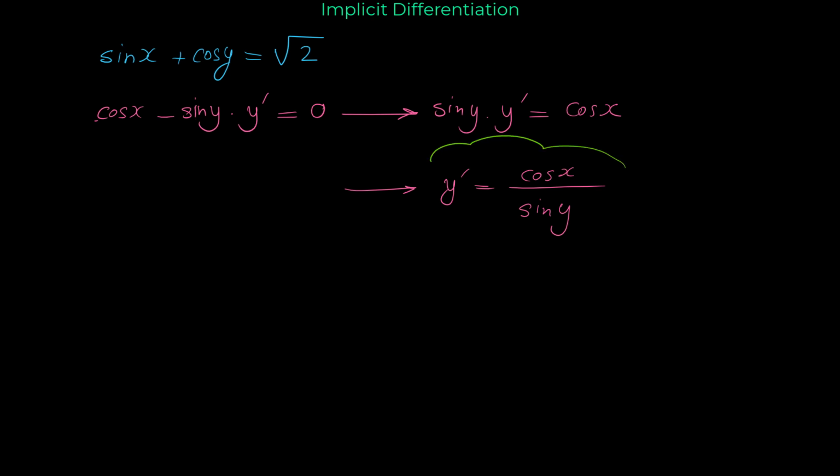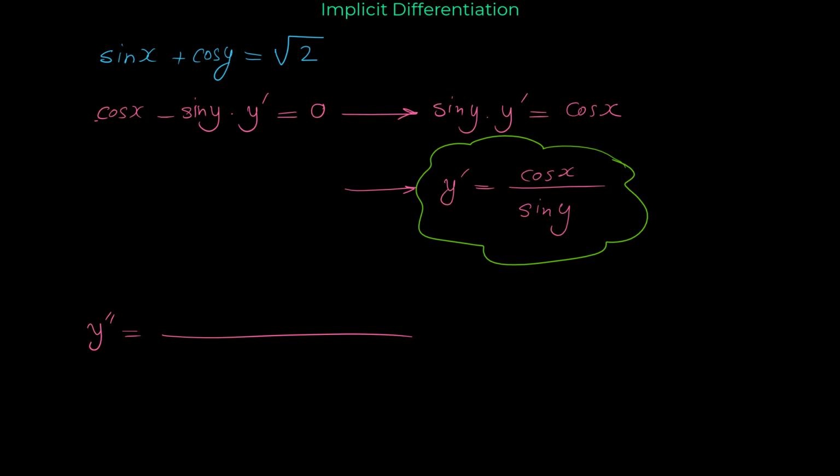So this is the first derivative of that implicit relation. But we want y double prime, so we have to take the derivative of both sides of this relation with respect to x for finding y double prime. Derivative of y prime on the left would be y double prime. And for finding the derivative of the right side of the equation, we use the quotient rule.